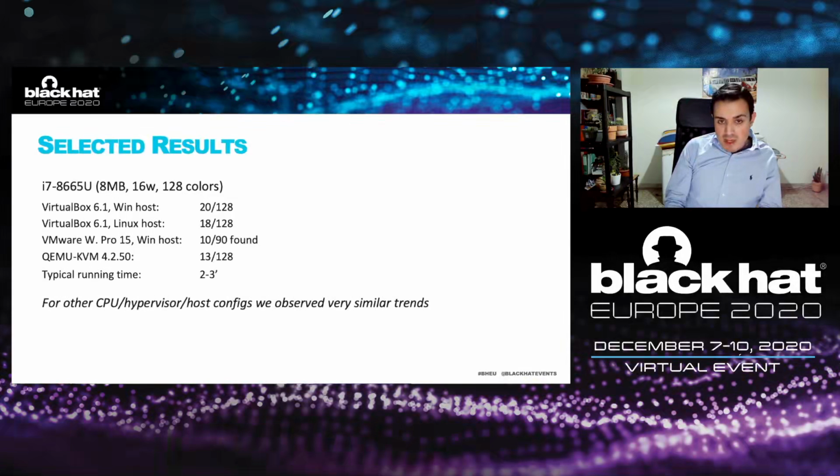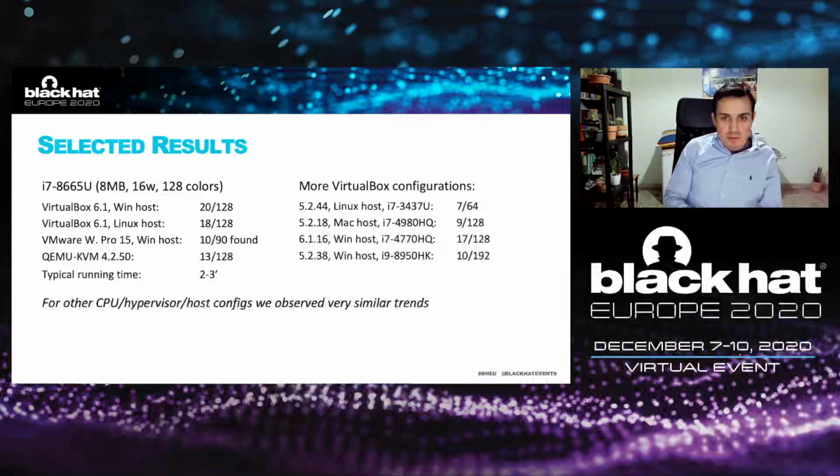Also, we kept looking into VirtualBox, and we observed that even on different machines, there was a significant increase in the number of sets that are polluted when moving from version 5.2 to VirtualBox 6.